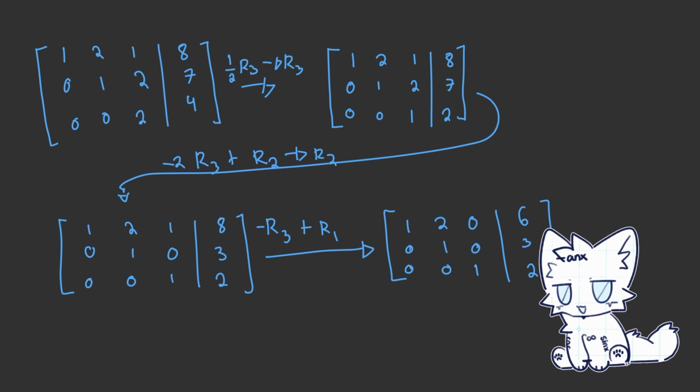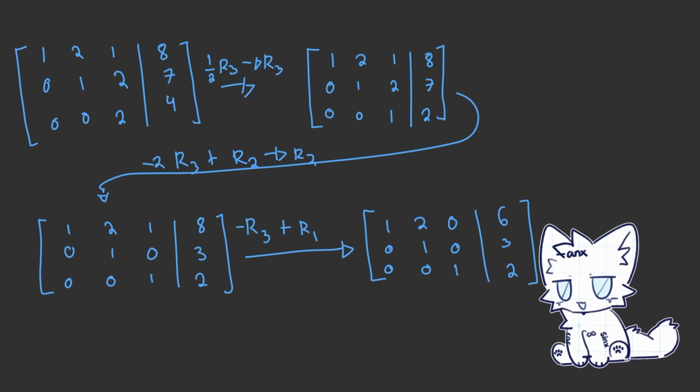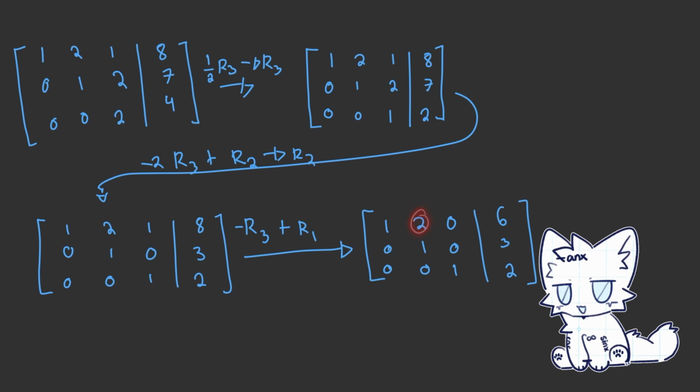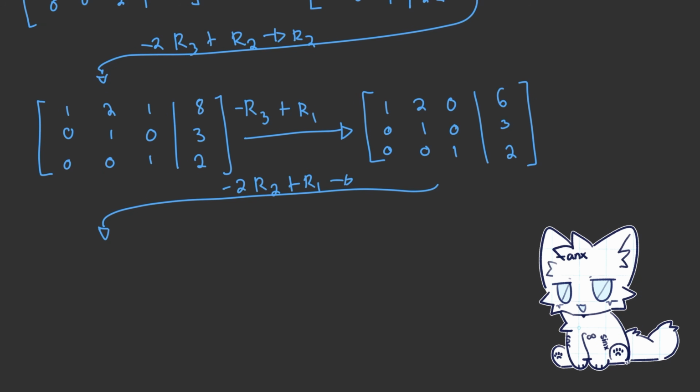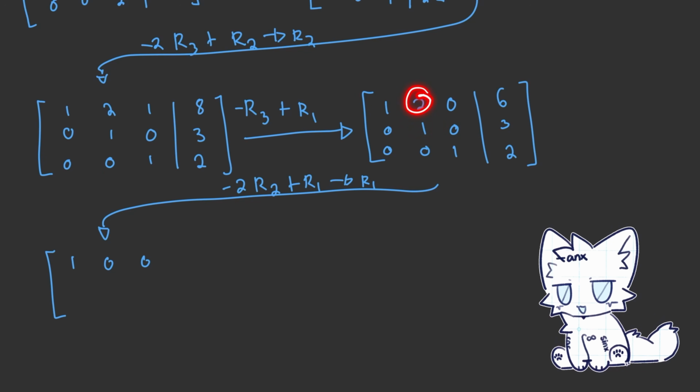Now we only need to get rid of one more up here. How do we do that? We utilize row 2. Negative 2 times row 2 plus row 1 is equal to the new row 1. 0, 0, because the negative 2 plus 2 is 0.